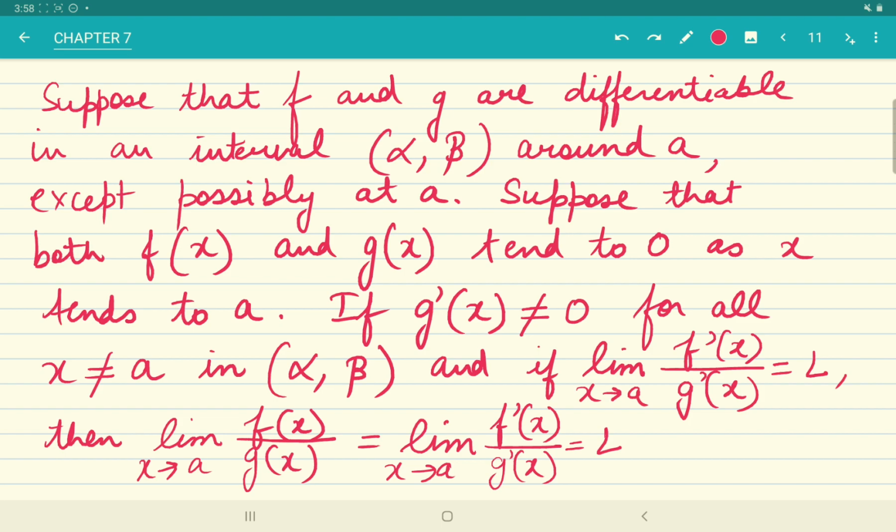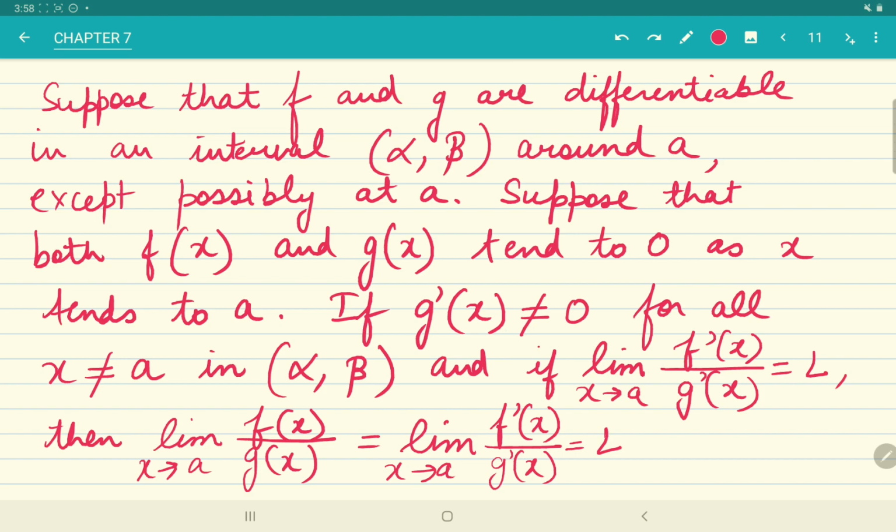And now I suppose also that both f of x and g of x tend to 0 as x tends to a. If g prime x is not equal to 0 for all x not equal to a in that interval alpha beta, because we need this limit to exist, this one.